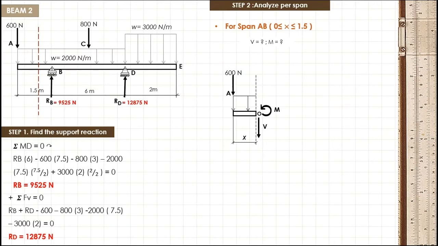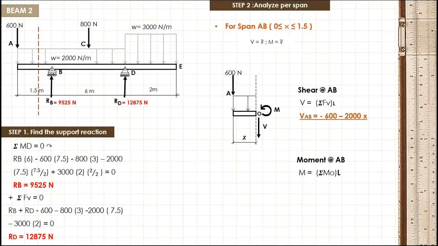Due to imbalance, the fibers in our beam will have resisting shear and moment. For shear AB, we have V is equal to summation of vertical forces considering the forces at the left side of our section plane. So we have negative 600 minus 2000 multiplied by X. Moment at AB, we have M is equal to the summation of moment considering the loads at the left side of our section plane.